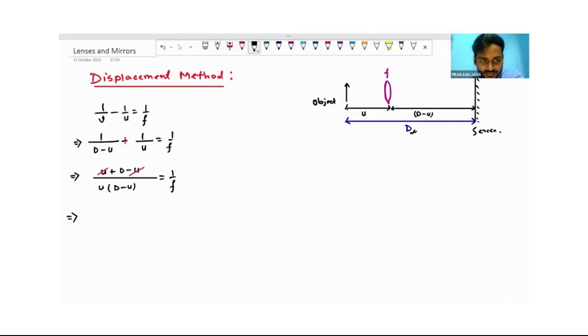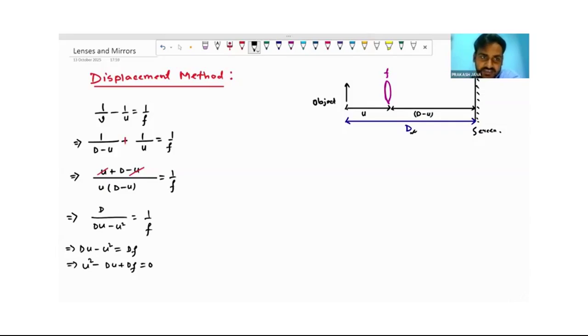We are left with D by (Du minus u square) is equal to 1 by f. Let us multiply, so it will be Du minus u square is equal to Df. So u square minus Du plus Df is equal to 0.